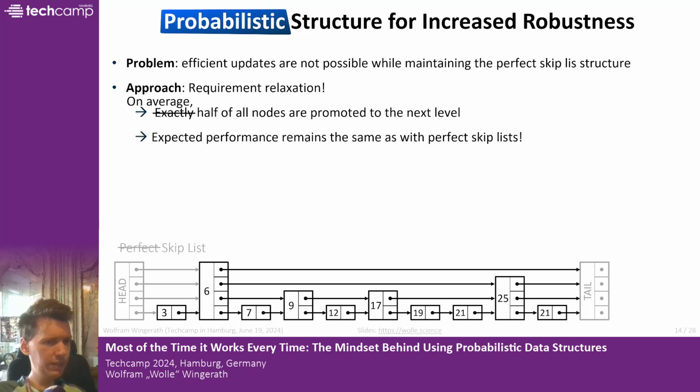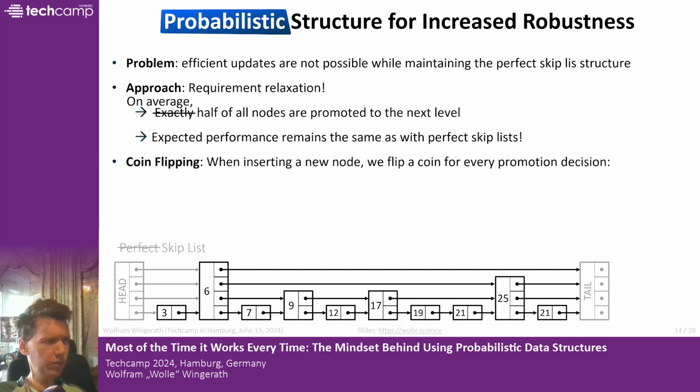And the core component here for deciding what kind of structure our linked list ends up with is that we don't have a deterministic rule for promoting nodes to the next level, where we say, okay, you have level 1, then level 2, then level 3, and so on. We rather just flip a coin.